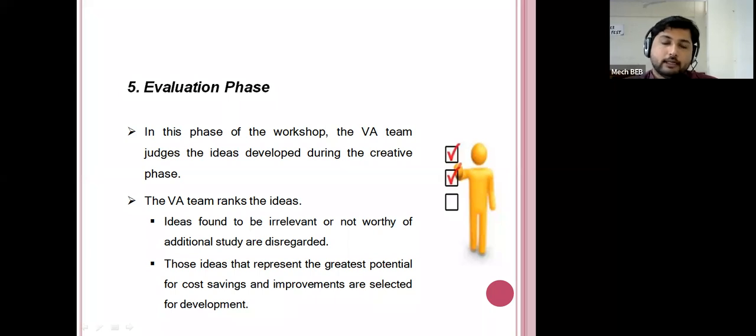Okay, so whatever alternatives are determined during the creative phase will be evaluated in the evaluation phase, and from that the best ideas are selected. Those having the potential of cost saving will be carried forward for the next steps, and other ideas that are not worthy of additional study will be disregarded from the study.